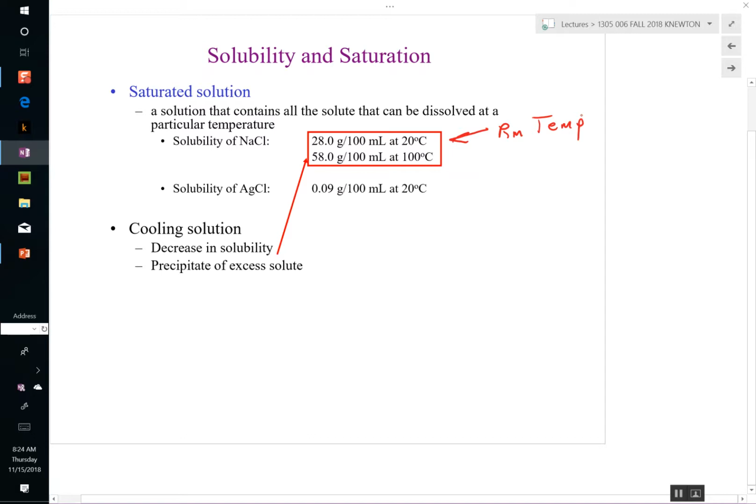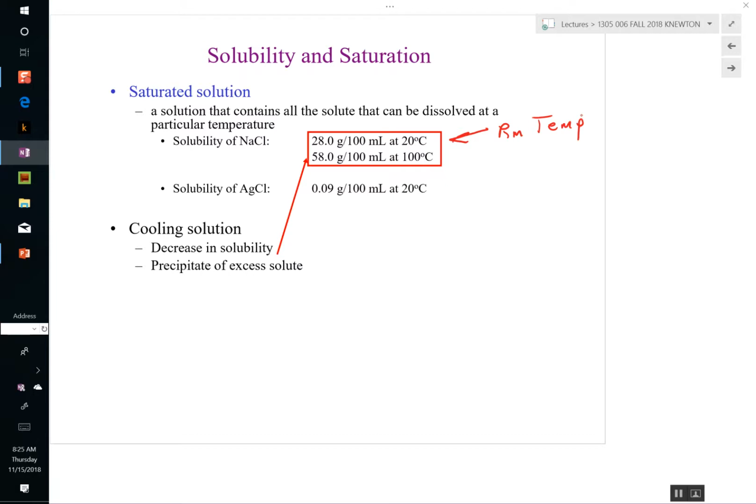If you put 30 grams in at room temperature, 2 grams will be sitting at the bottom of the container. You'll see salt at the bottom of the container. And you might say, I don't think the salt's soluble in water. Oh yes, it is. It's very soluble in water. It just is not infinitely soluble. Just because you see some that didn't go into solution doesn't mean the material isn't soluble.